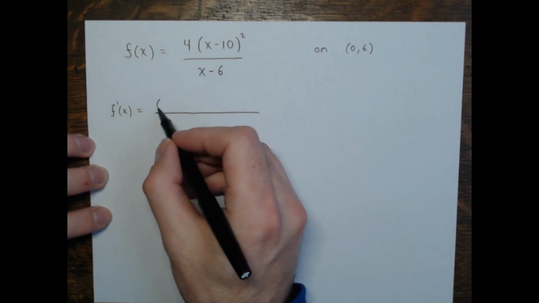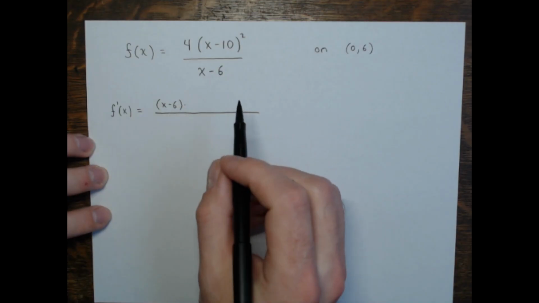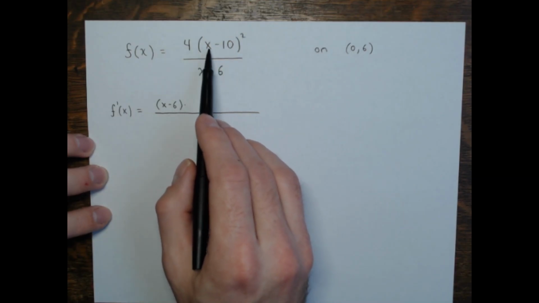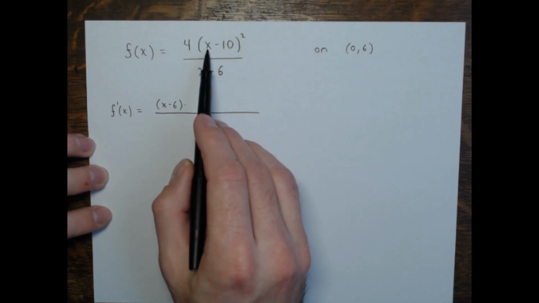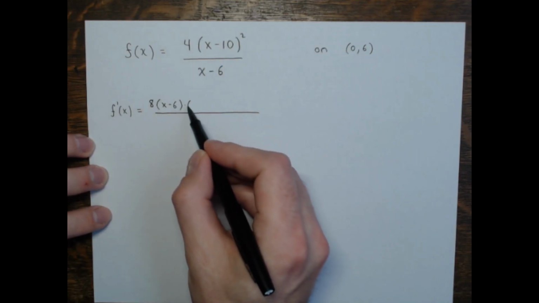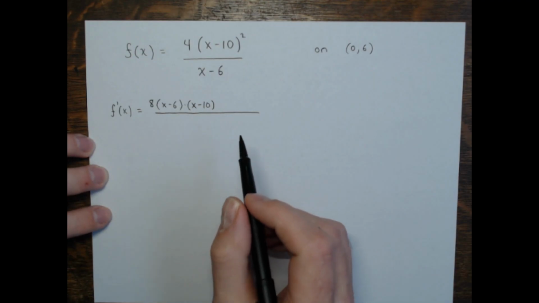So remember this is the denominator, so x minus 6 multiplied by the derivative of the numerator, which would be 8 times x minus 10 to the first, and then times the derivative of x minus 10, but that's just 1. So it'd just be 8, I'll throw the 8 out front here, times x minus 10 to the first.